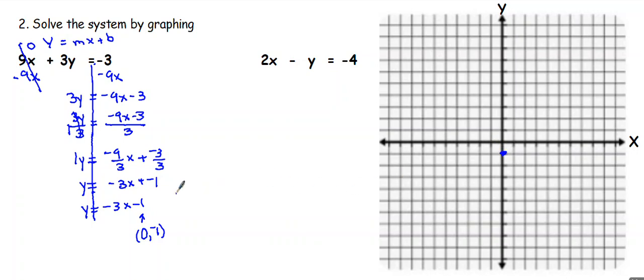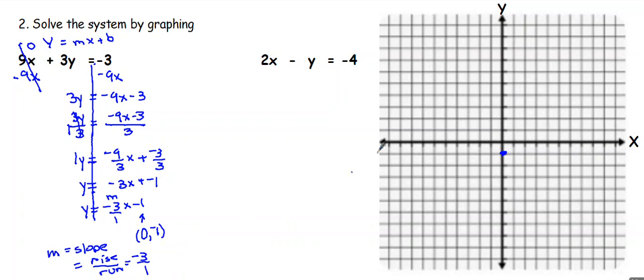Okay, then we use our slope. This is our m right here. This is our slope, which is negative 3. But it's not just negative 3. It's actually negative 3 over 1. Remember, slope, m, is equal to rise over run. Well, our rise is negative 3 and our run is 1.